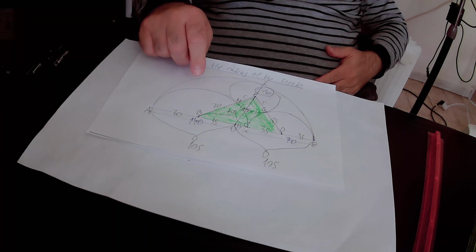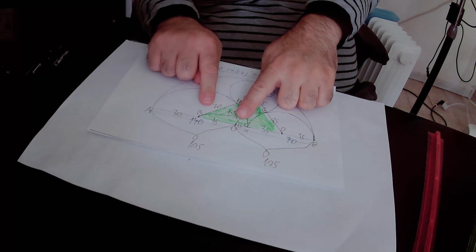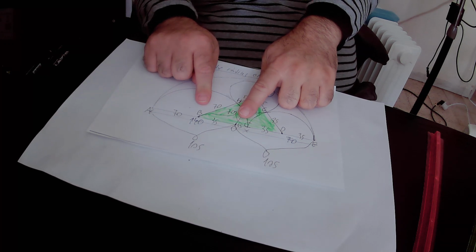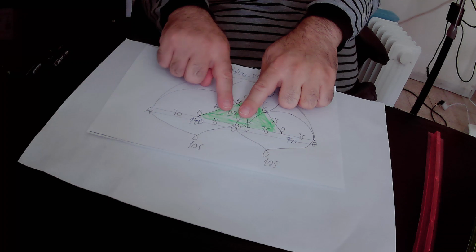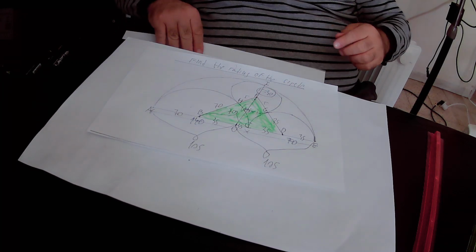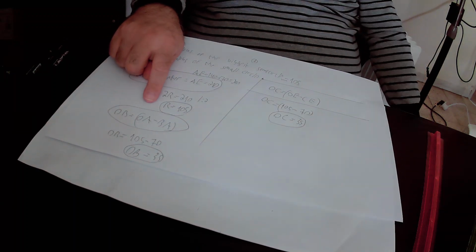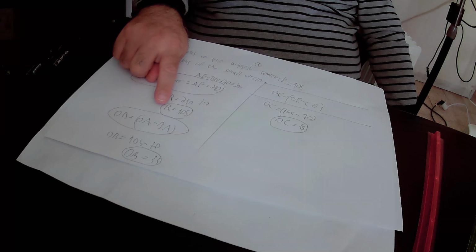Then we find the length of this line segment OB. It is very easy to see that OB equals OA minus BA.